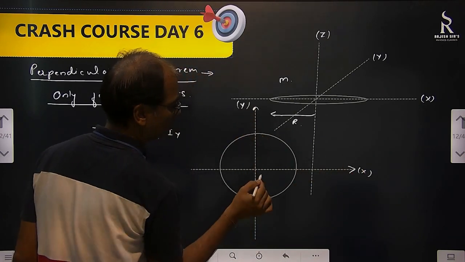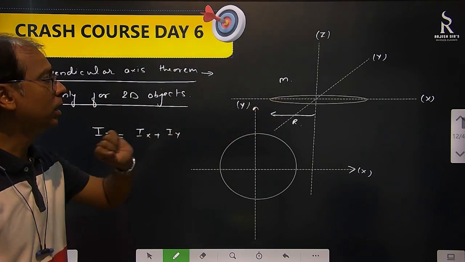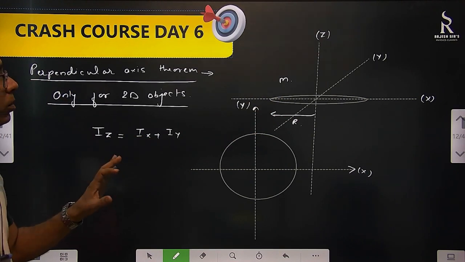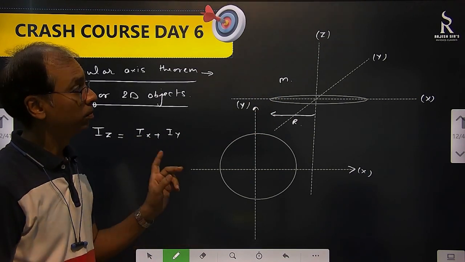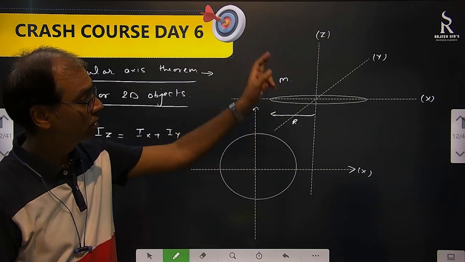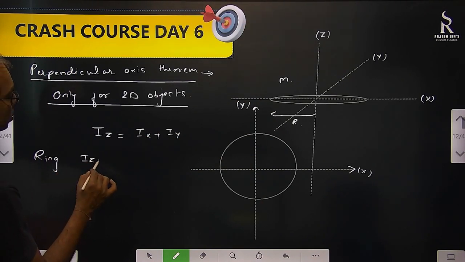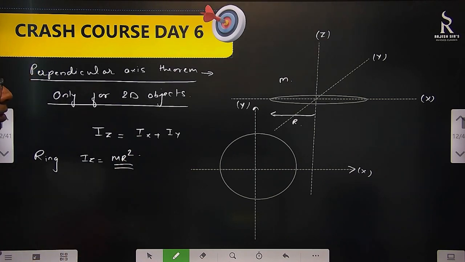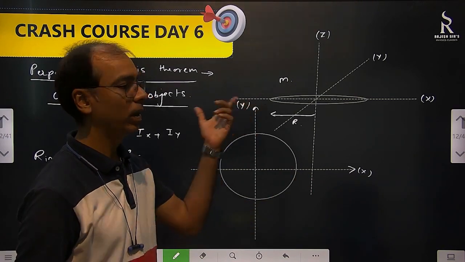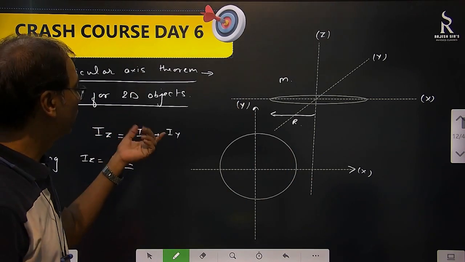Z is perpendicular to the plane. Now when we talk about a ring, we know that moment of inertia is mr square, but about which axis? Perpendicular to the plane, that means about z. So in ring, Iz we know it is mr square. But now I want to know what is moment of inertia of the same ring about x-axis or y-axis. Perpendicular axis theorem I know. I want to use it and I want to get Ix and Iy.